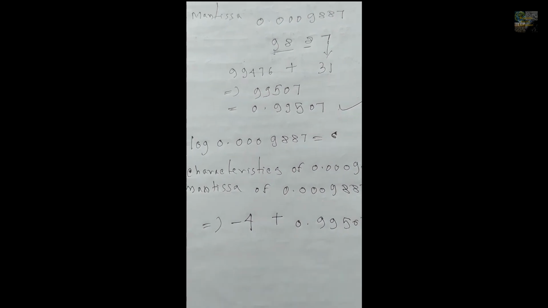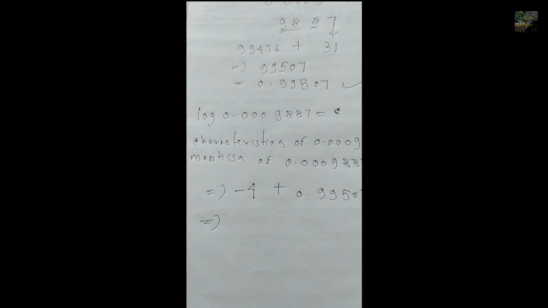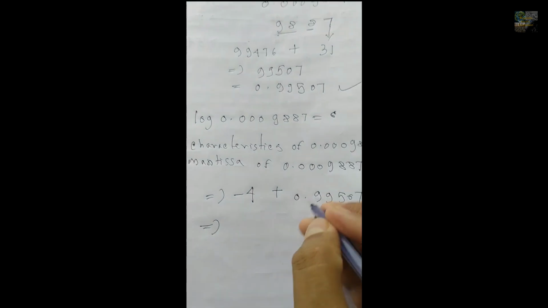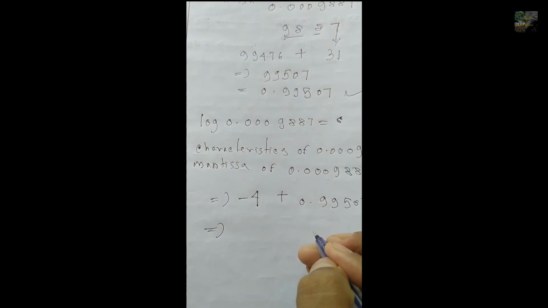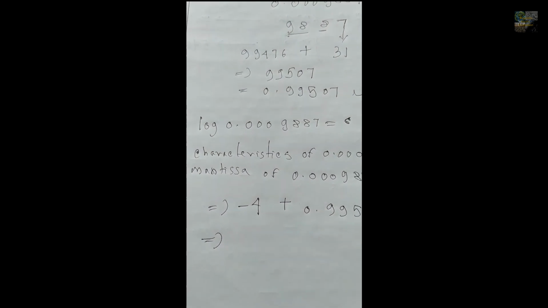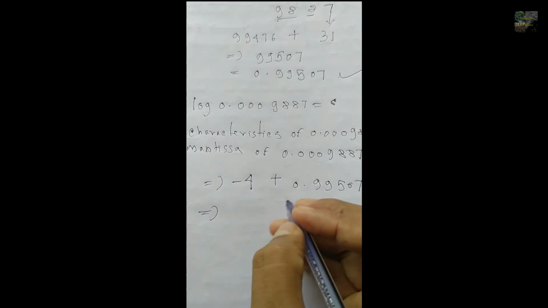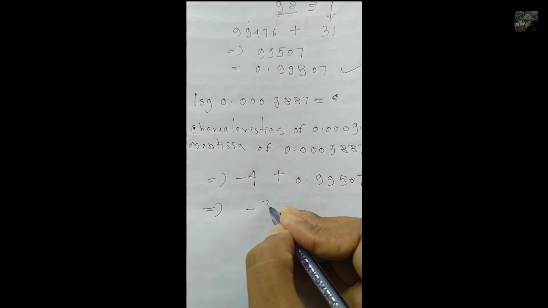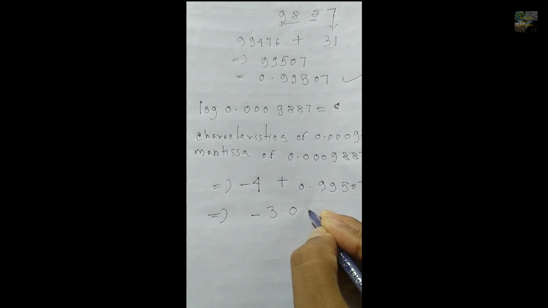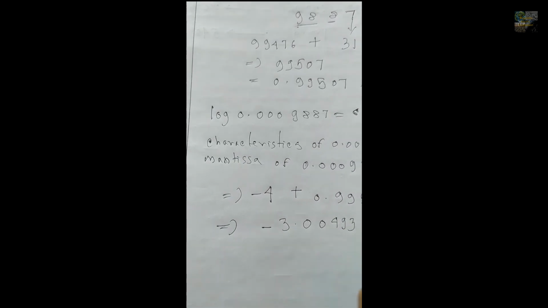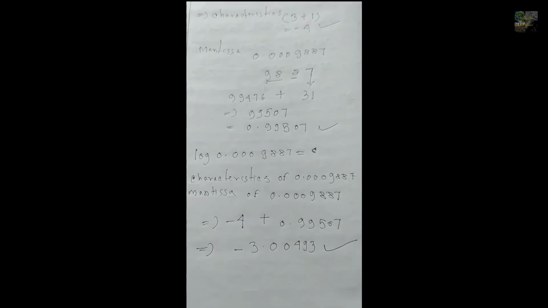I am going to add these two values, and the result will be minus 3.00493. This is the log value of 0.0009887. So in this way you can determine the logarithm value for both positive and negative numbers.